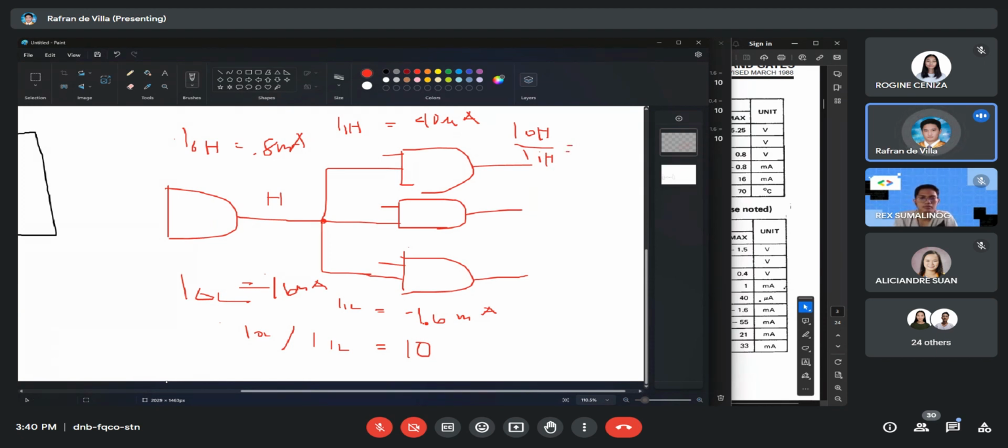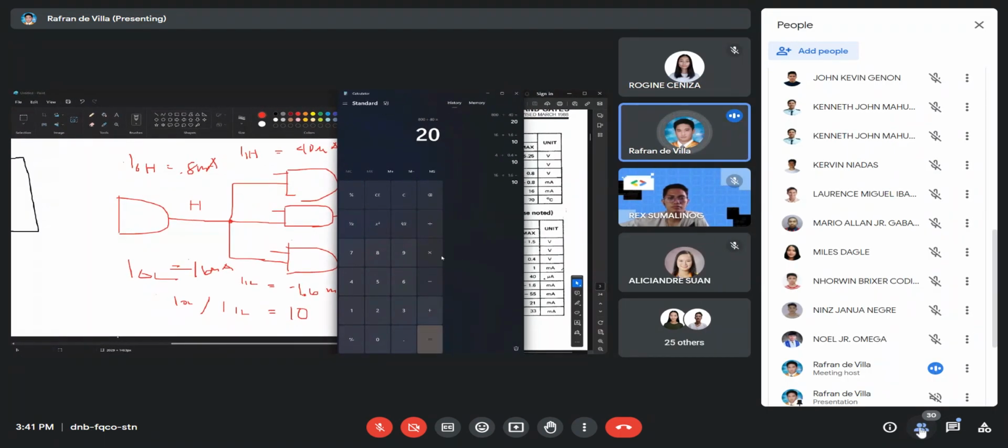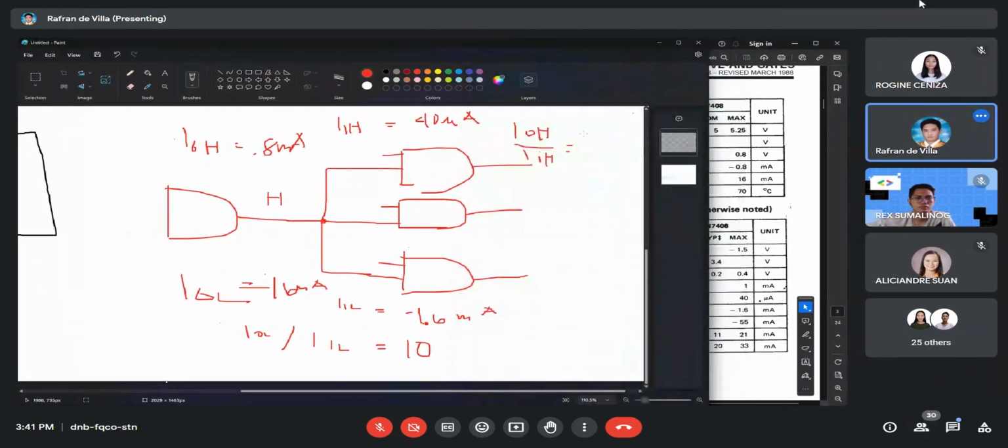So that would be pila to? 0.8 milliamps, or that could also be 800 microamperes divided by 40 microamperes, which gives you 20.